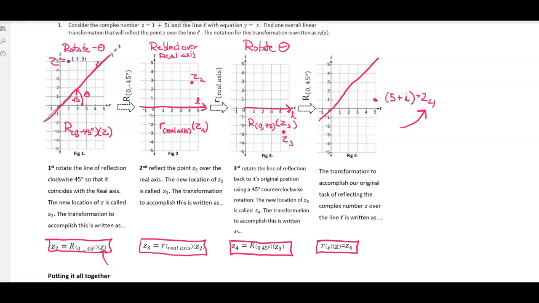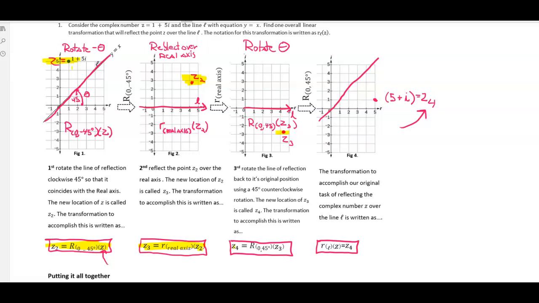Okay, so here it was. Take this in yellow, rotate it 45 degrees clockwise, and now it looks like this. Okay, then take that point and flip it over the real axis, and it becomes this point.